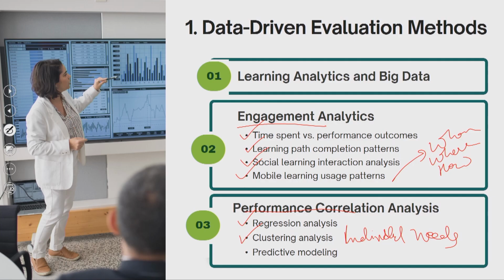The third important aspect under the performance correlation analysis would be predictive modeling. Predictive modeling uses historical data to forecast future performance, allowing proactive interventions for at-risk learners and helping managers make informed decisions about development investments.